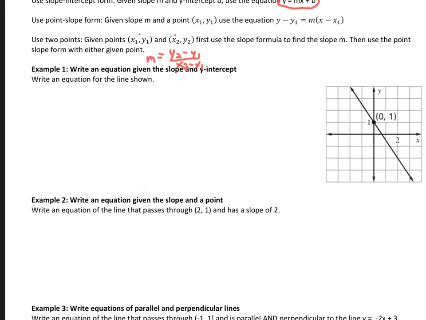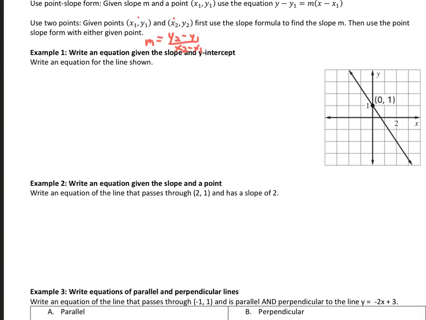So when we look at this first example, this is a line, and we are given a point. More specifically, we're given the y-intercept. Our y-intercept is 1. And then to find my slope, I pick 2 points, and I count the rise and the run. So the rise would be down 1, 2, 3.